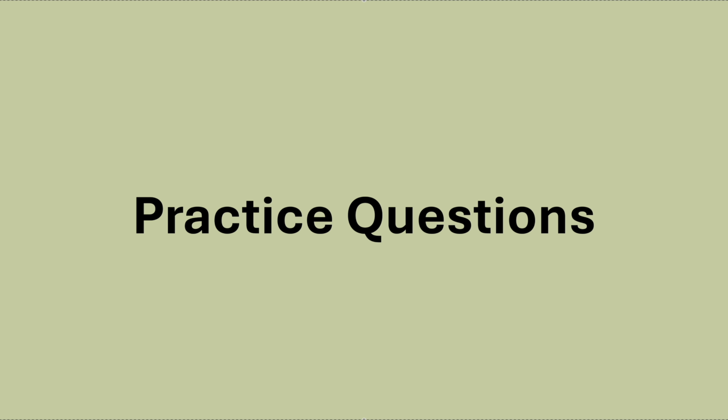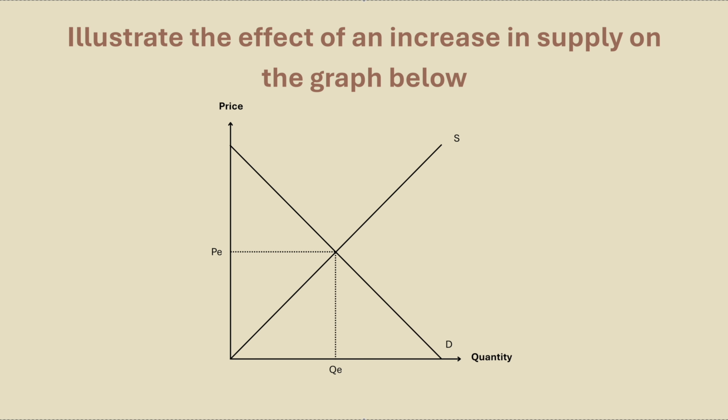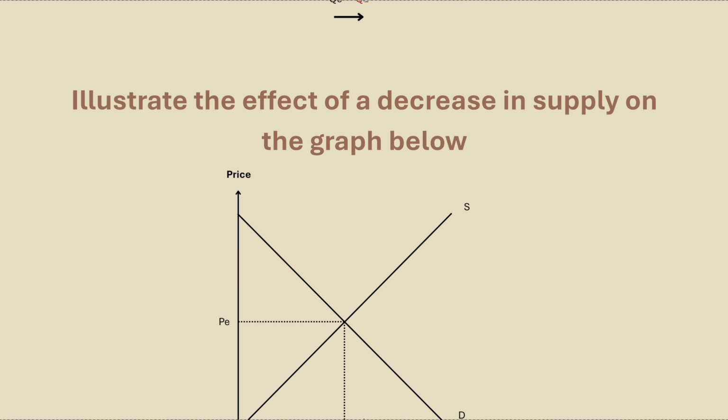Let's try and consolidate this new understanding with some practice questions. Illustrate the effect of an increase in supply on the graph below. Here's the answer. The supply curve shifts to the right. Illustrate the effect of a decrease in supply on the graph below.